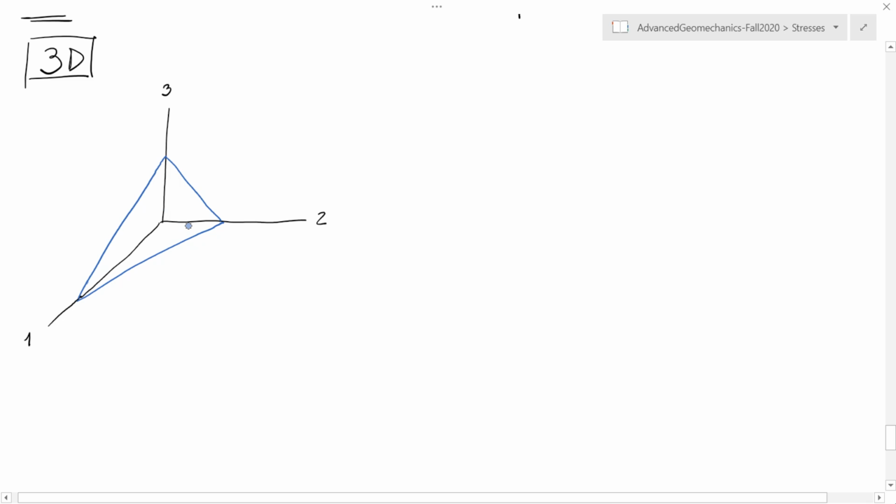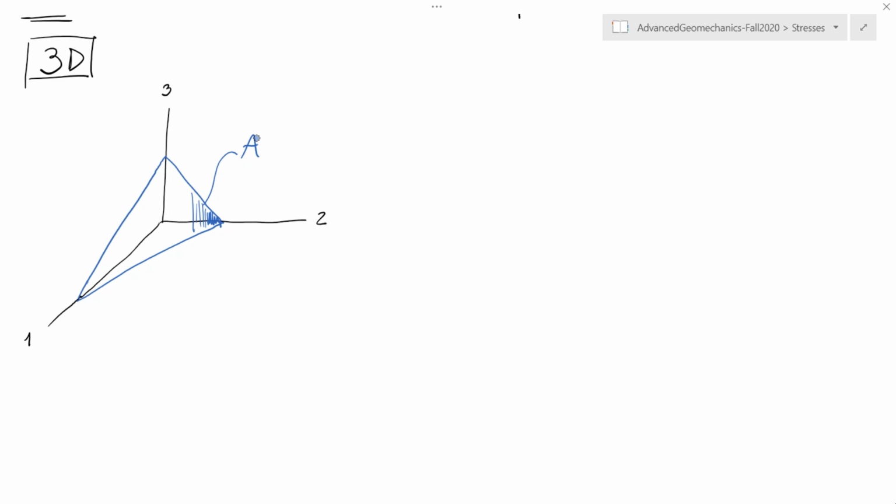The blue lines join the plane which is cutting the solid which is underneath. This solid has an area on the plane, which is the area A, and on this prism I'm going to have stresses which are applied in all directions.